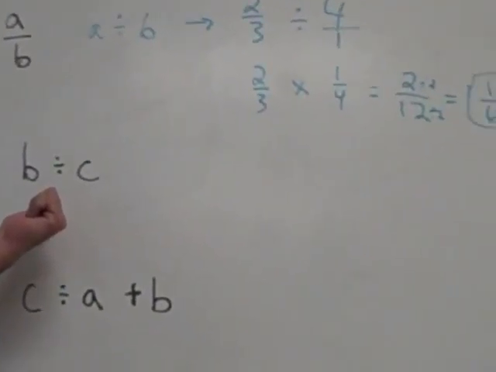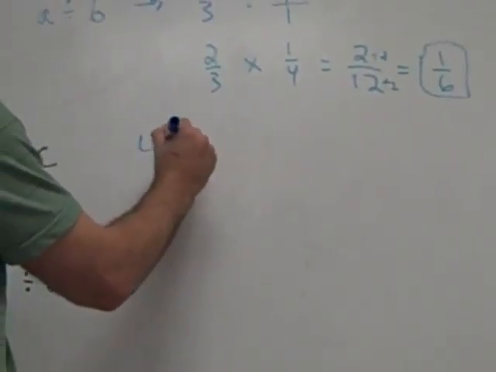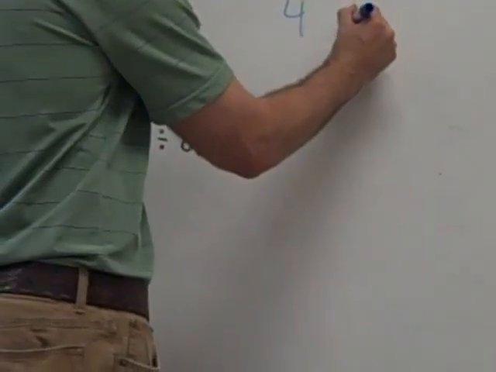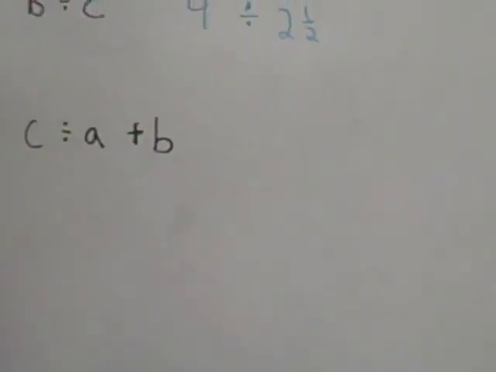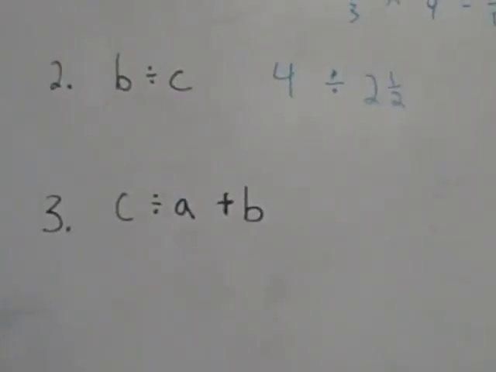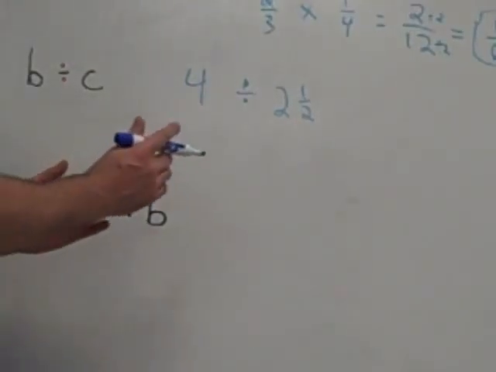Now B divided by C. What does that really tell me, Hayden? 4 divided by 2.5. What do I need to do, Yvonne? Put it in correct form. How do I do it?